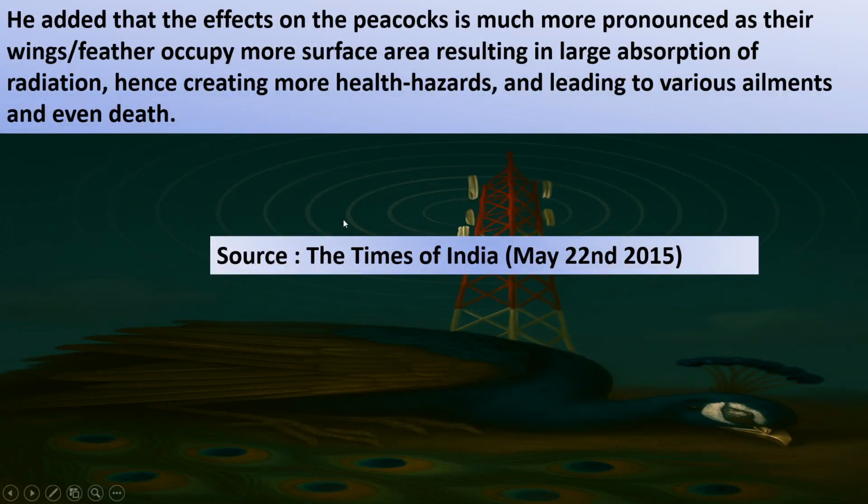He added that the effects on the peacock is much more pronounced as their wing feathers occupy more surface area, resulting in large absorption of radiation, hence creating more health hazards and leading to various ailments and even death. Source: Times of India, May 22nd, 2015.